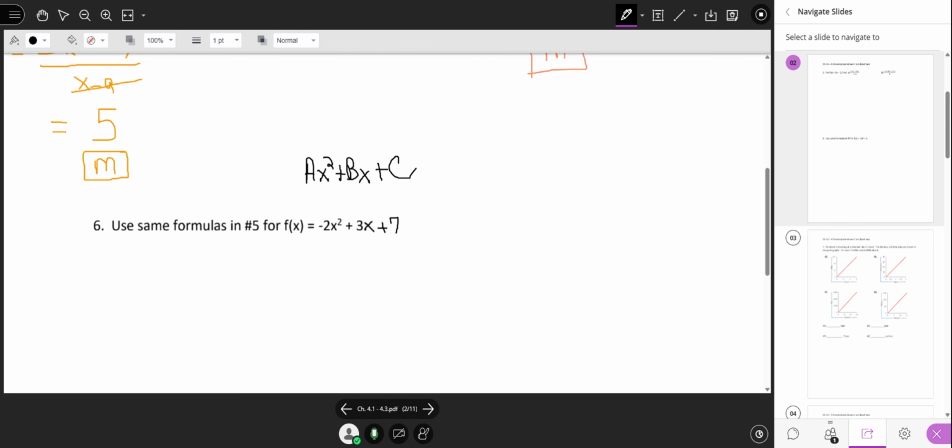Actually, part A is nicer than part B. So part A, f of a is what we have to find first.